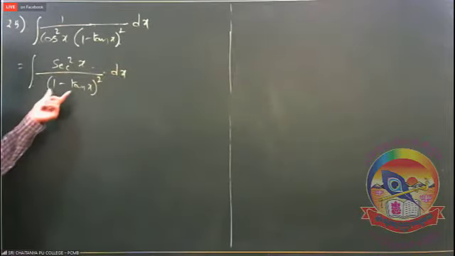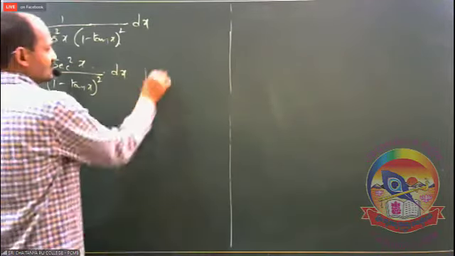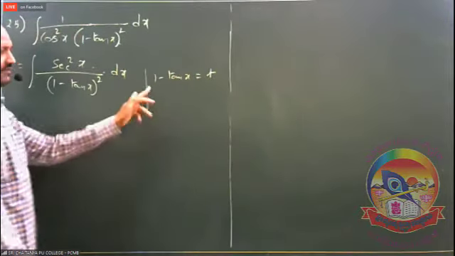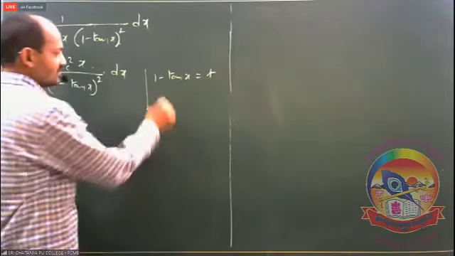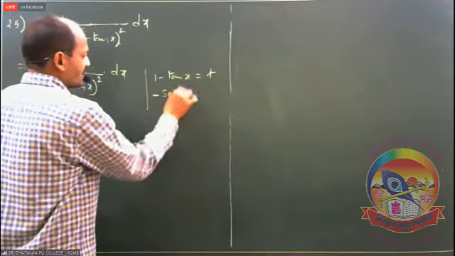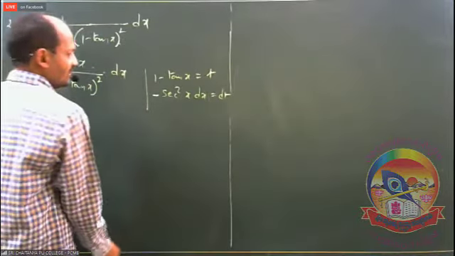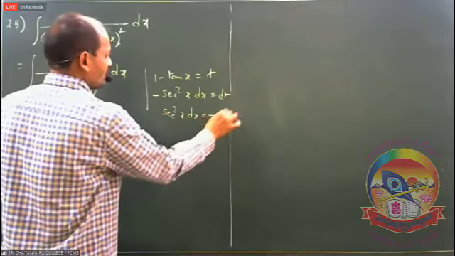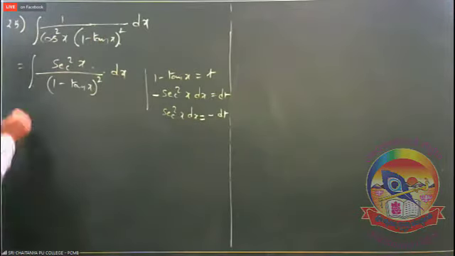Now the denominator term, 1 minus tan x, is equal to t. Derivative of 1 is 0, derivative of tan x is secant square x. So minus secant square x dx is equal to dt. Okay? So secant square x dx is equal to minus dt.